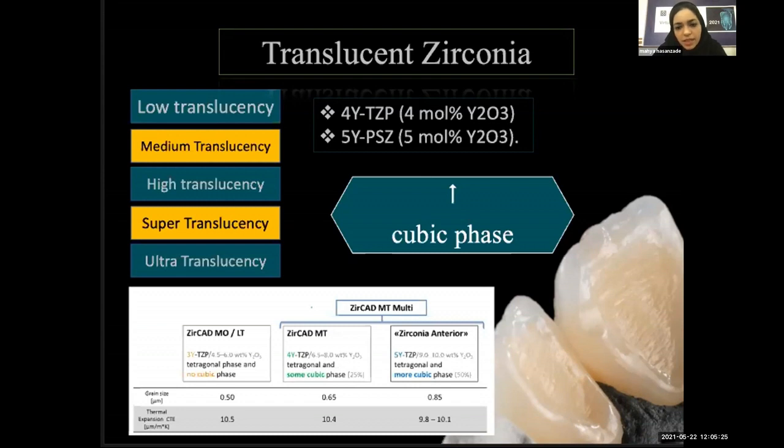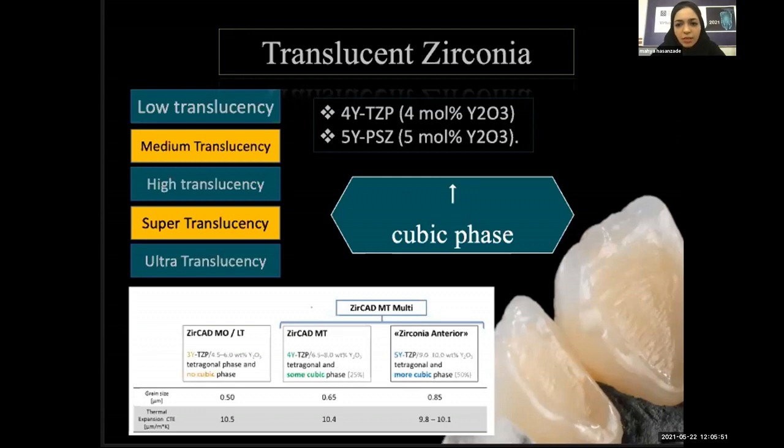Low and medium translucent zirconia are commonly specified for zirconia frameworks, while high, super, and ultra translucent zirconia are mostly designed for monolithic restorations.